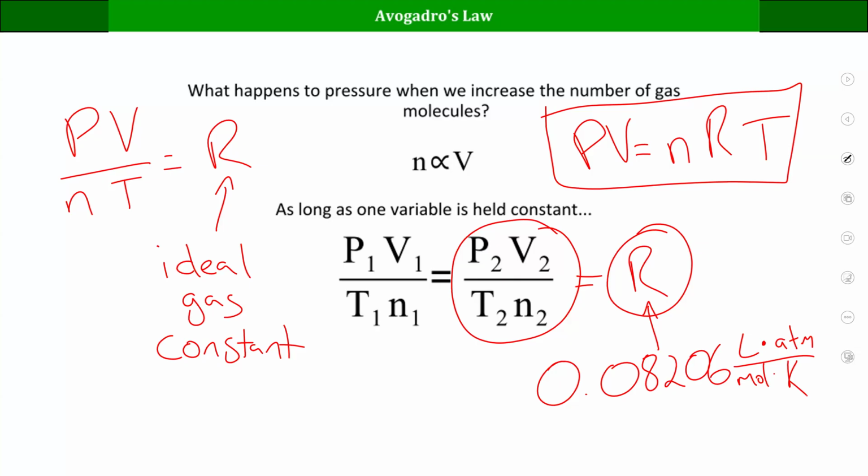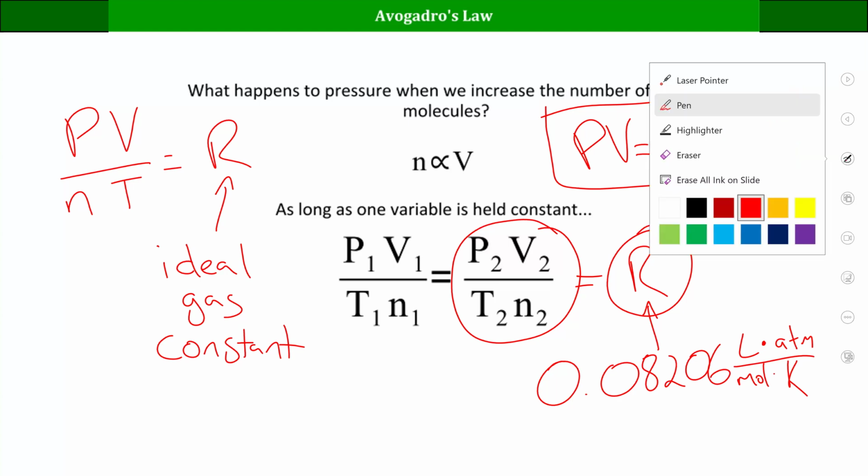It turns out joules per mole Kelvin is actually an entropy unit that has to do with randomness, and that's one of the other places where we see R show up: in thermodynamics, in talking about heat and energy.